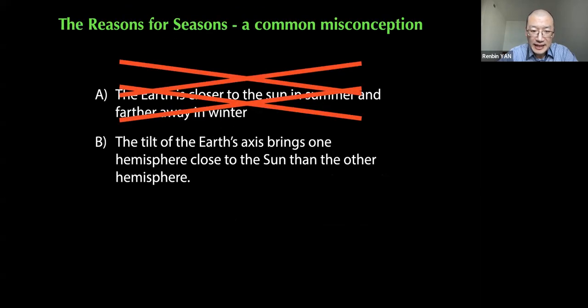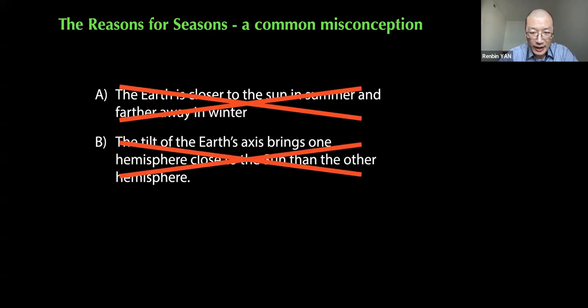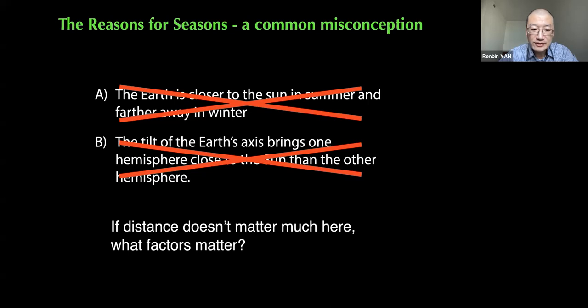So the second conjecture is also incorrect because the Earth is so tiny, and the northern hemisphere and the southern hemisphere are essentially at the same distance to the sun. Their distance to the sun is almost the same, and there's no difference this can cause to the temperature on Earth. So if distance doesn't matter much here, what factors would matter?